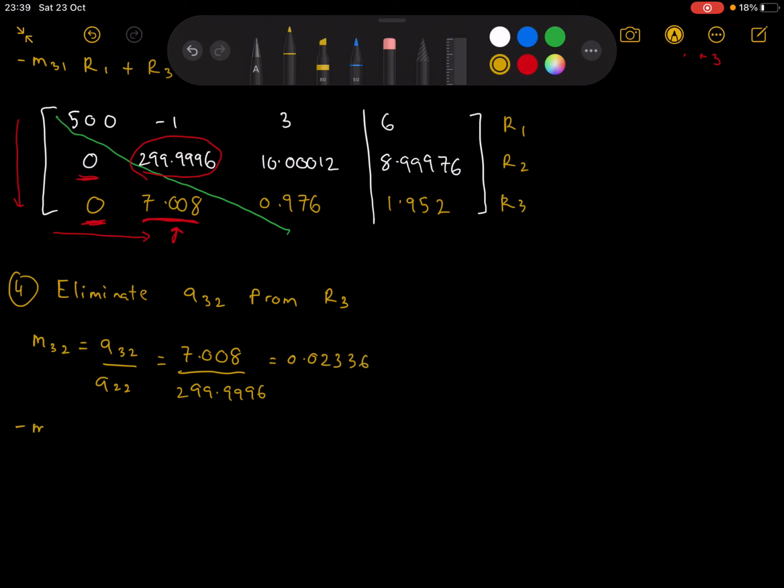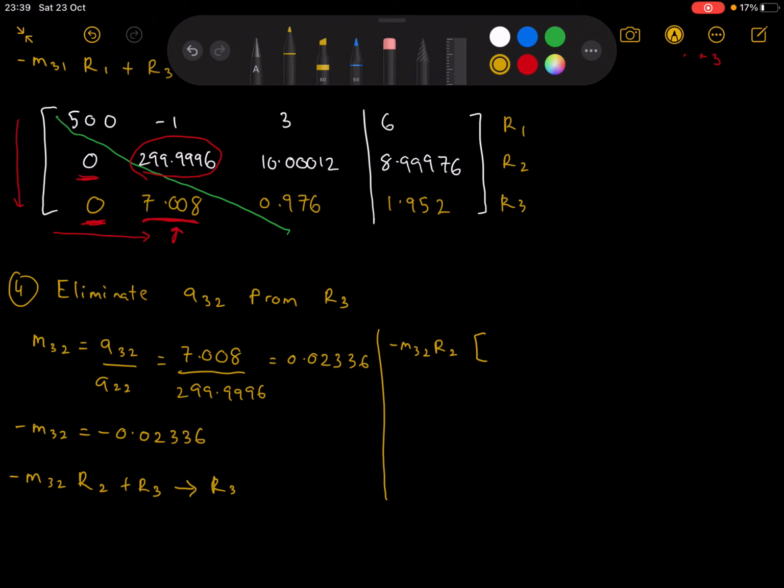So negative M32 is negative 0.02336. So negative M32 multiplied by R2 plus R3. Going to transfer it to R3. So negative M32 R2. Okay.